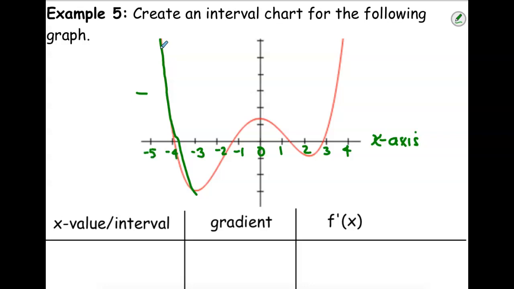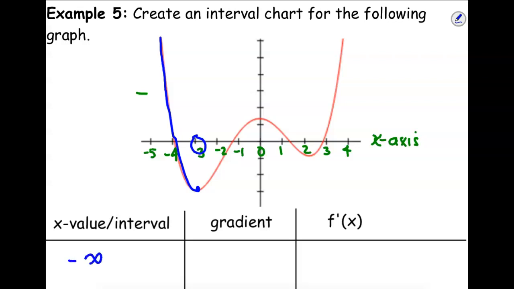All right. So what's happening in this region right here? Let's change colors. In this region, it's decreasing to the x value of 3. So what is that interval?